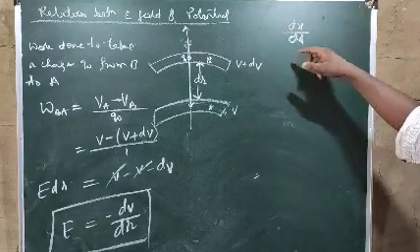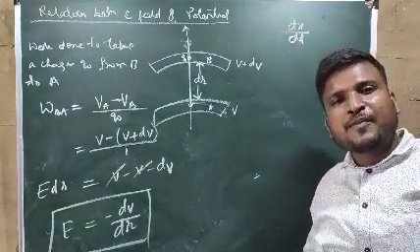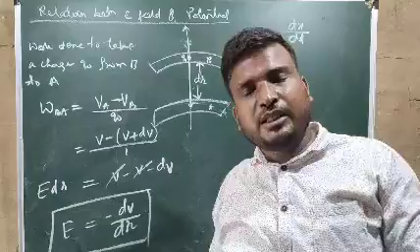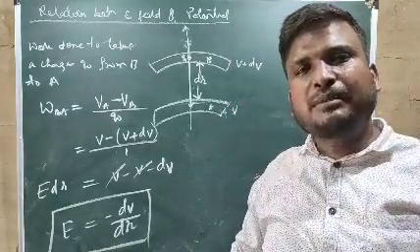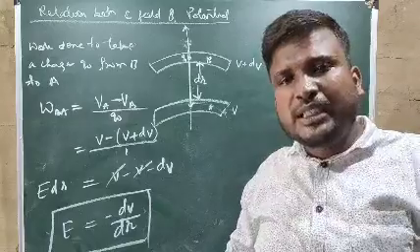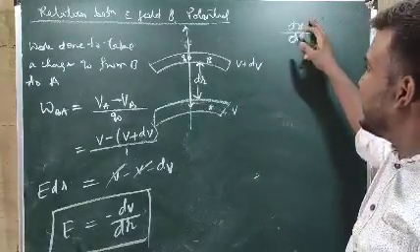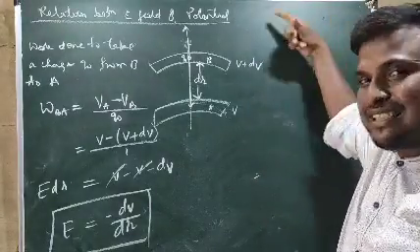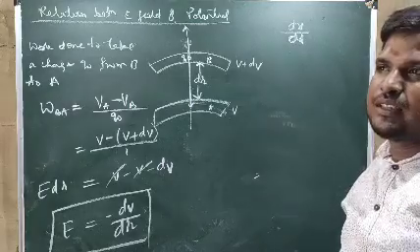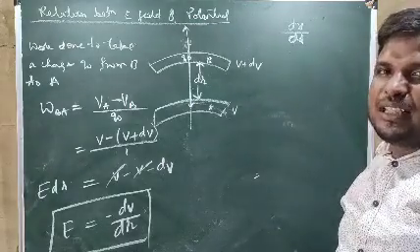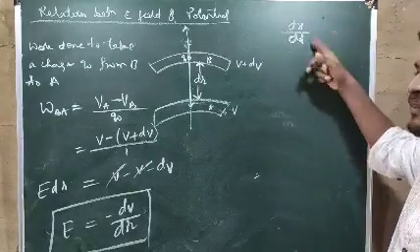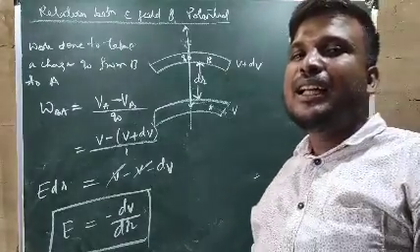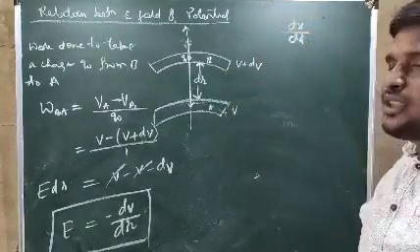If it is just said change, that means sometimes it may increase and sometimes it may decrease. But if I write dx by dt, it always indicates that x is increasing with respect to time.